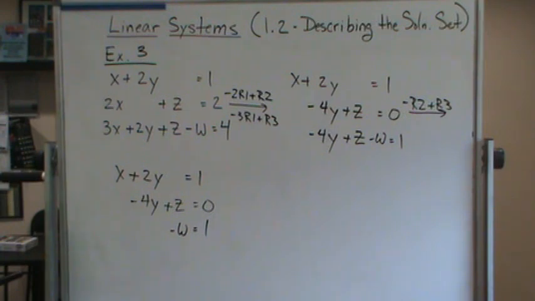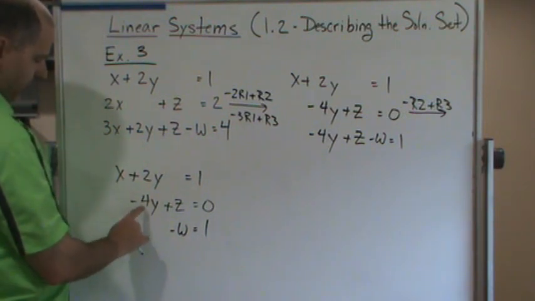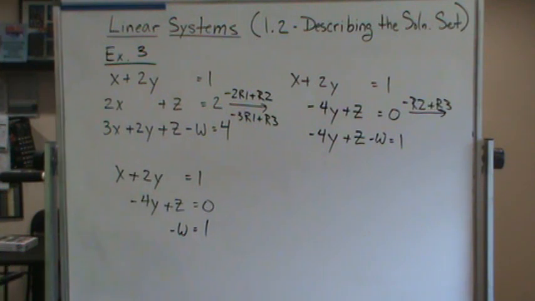Now look at this. We have leading variables. The leading variables are x, y, and w. That means it's in echelon form.